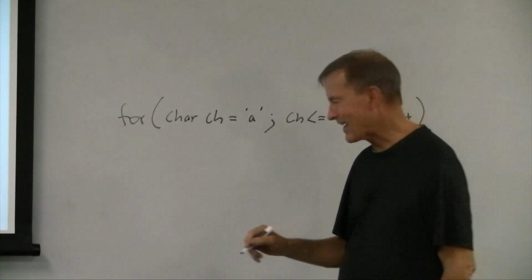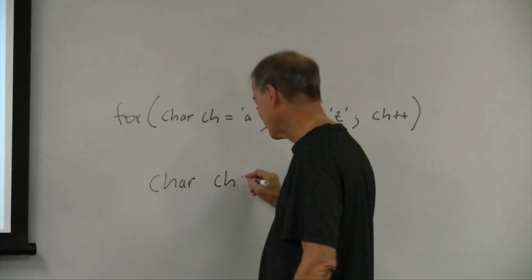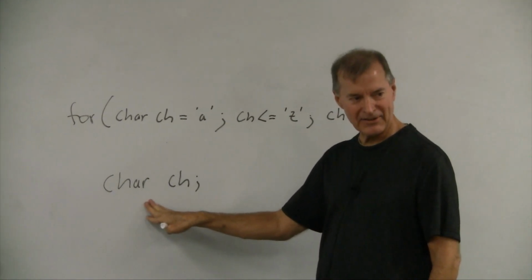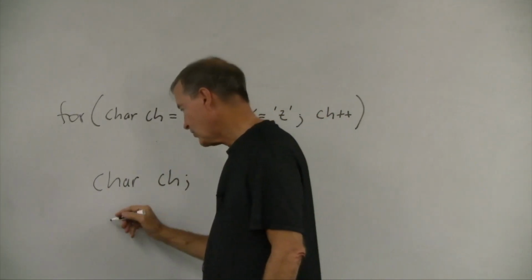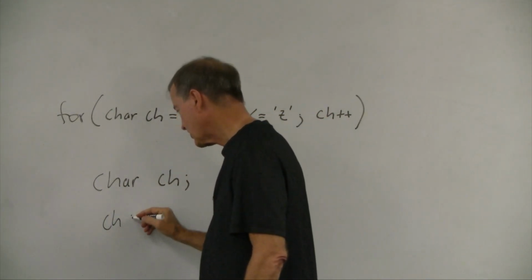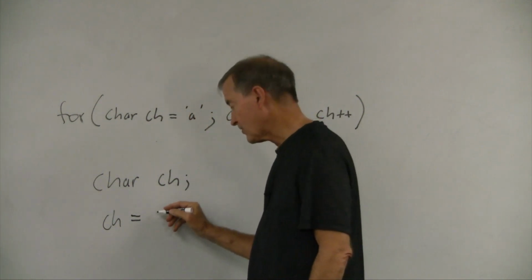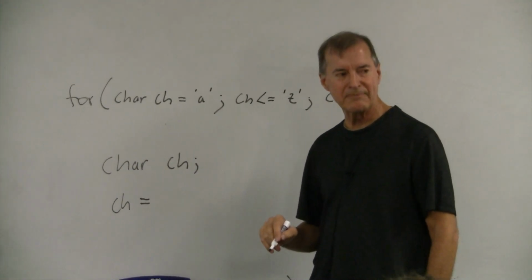Okay, suppose you say char ch. So ch is type what? Char. So it's like a single English character. And then you can do this. You can say ch gets, now watch this, you can give it a hexadecimal value. Does anyone know how to write down a hexadecimal value in a C program?